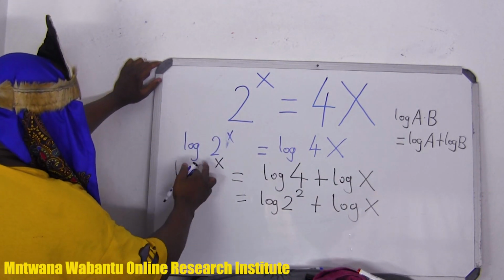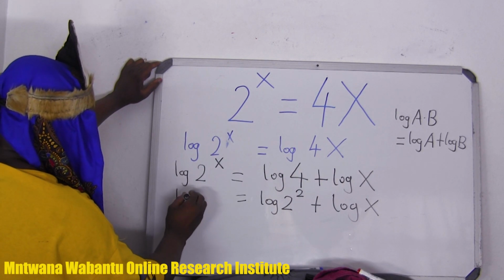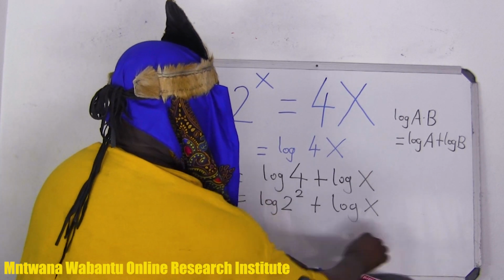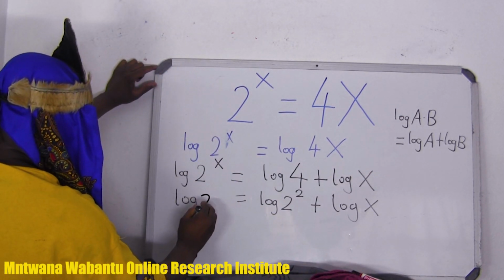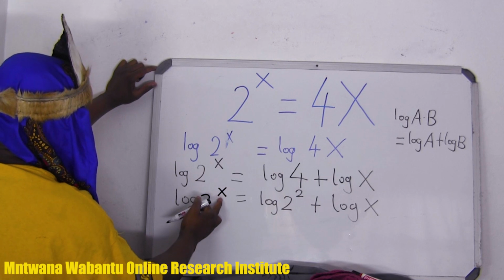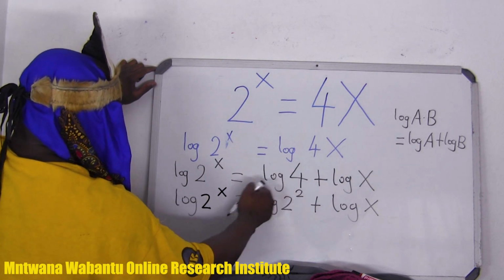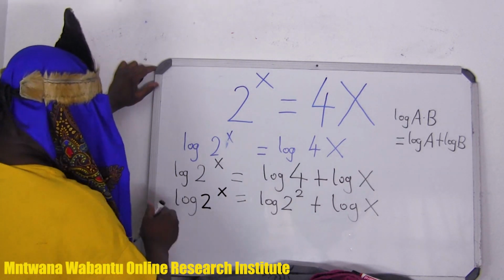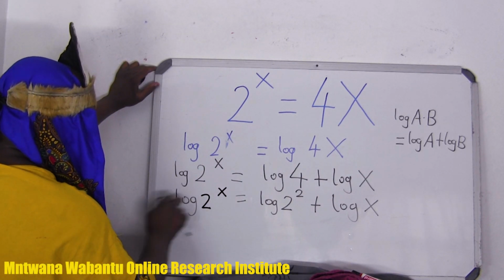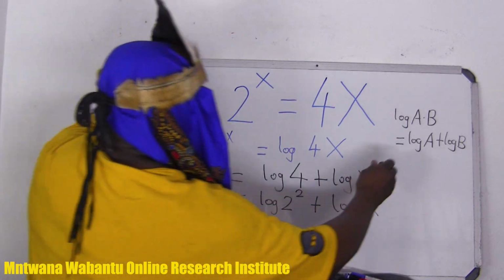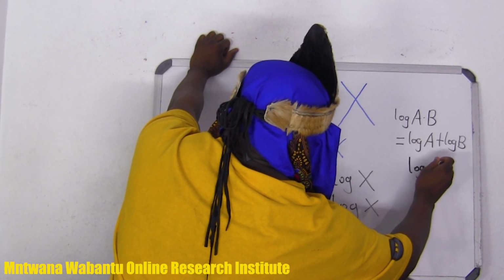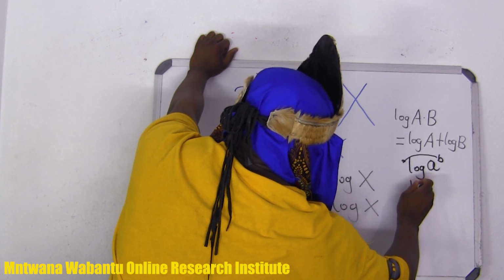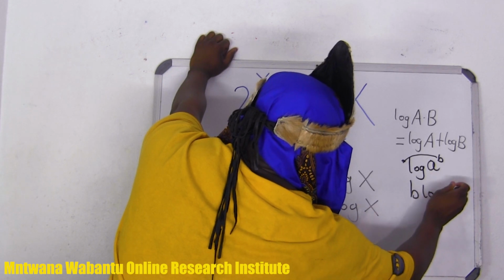And then on the left, I'll write log of 2 to the power x. I'll take this x to the back. There's a law which says if you have log of a to the power b, this comes to the front as b times log of a.